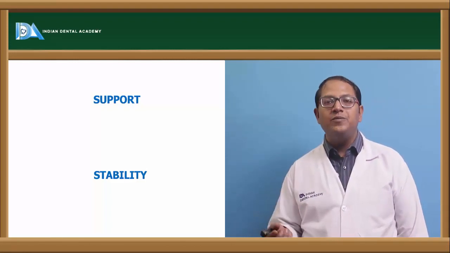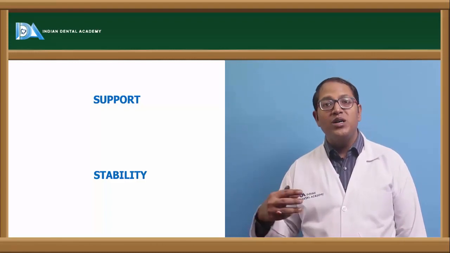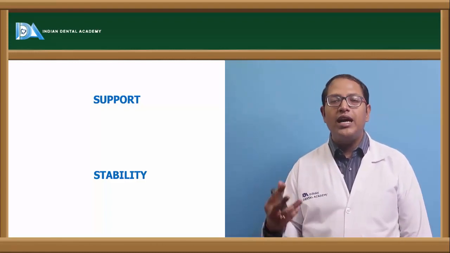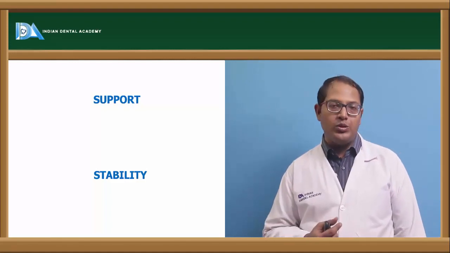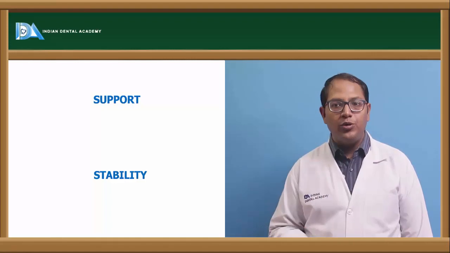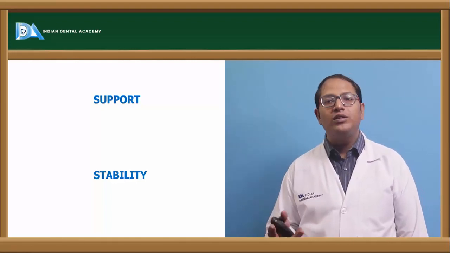So that is the reason a cast partial denture having a combination clasp or a vertical projecting clasp has less stability, because we do not have a shoulder to give more stability in those areas.